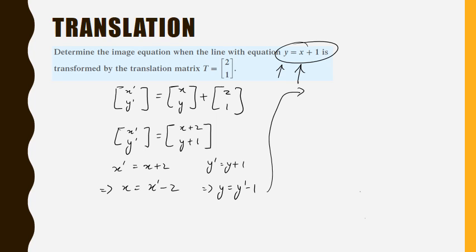We then put this into the original, because we want to know how this is related to the new one. So y is the same as y dash minus 1, and then x is the same as x dash minus 2, plus 1. So then we go through and work it out. x dash minus 2 plus 1 equals y dash. So then y dash is equal to x dash.